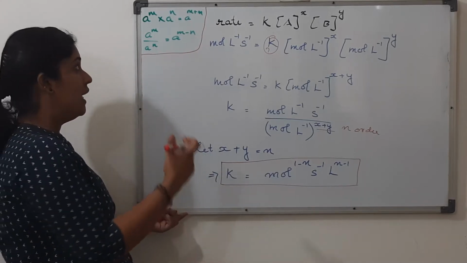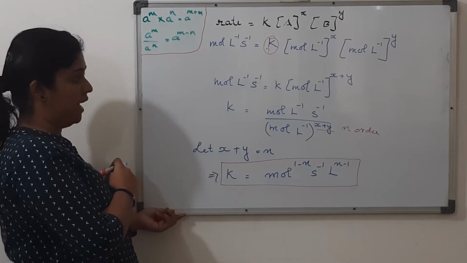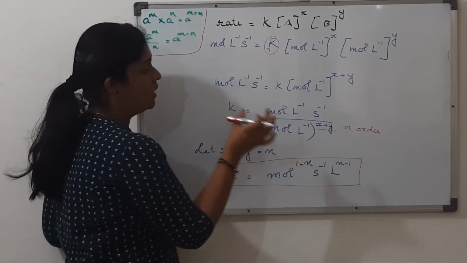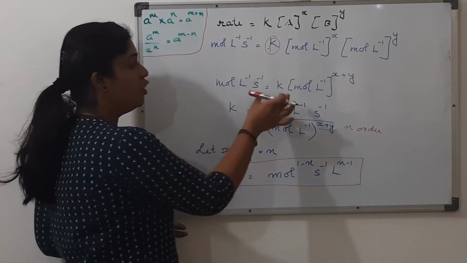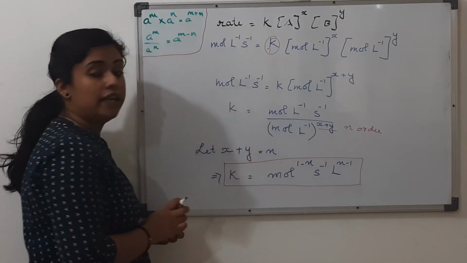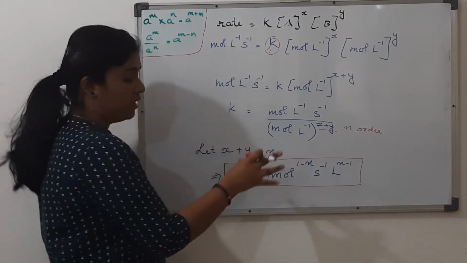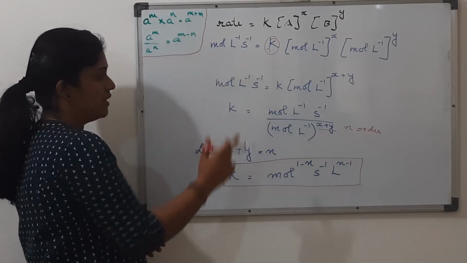So mathematically a power m by a power n equals a power m minus n. So the common term has to be written as such. Here mole liter inverse is the common one in the numerator, and it is there in the denominator also. So we write that commonly, and then the powers we just subtract, m minus n.